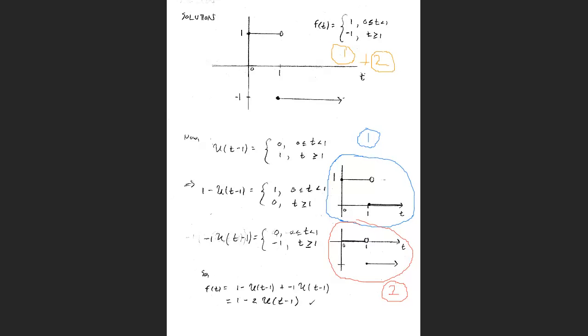Based on the graphs, if we add these two graphs, 1 and 2, wouldn't that give us the graph of this function up here? That's what I meant. Thank you, Matthew. If I add graphs 1 and 2, wouldn't that give me the graph on the top, which represents my function?